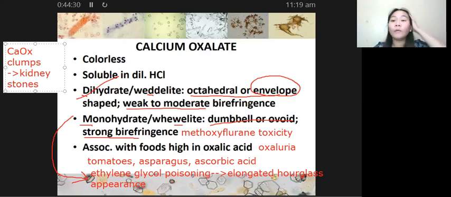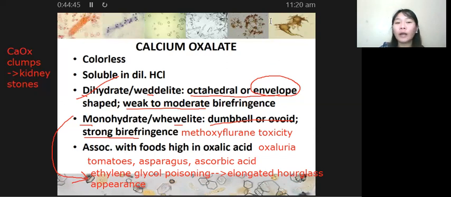So you also have to report if the calcium oxalate you see is in clumps, because the patient may have a kidney stone.